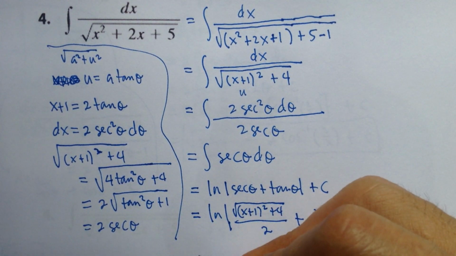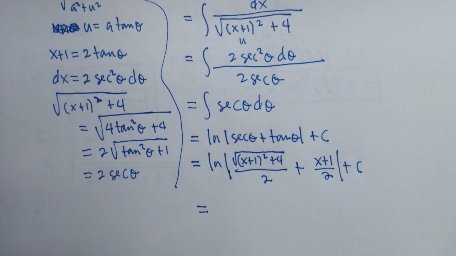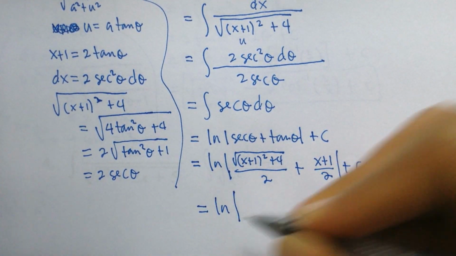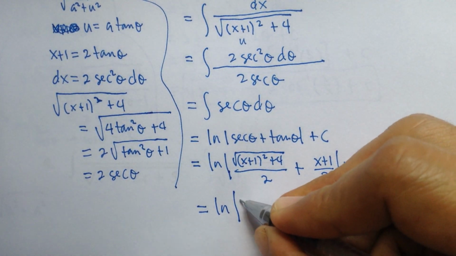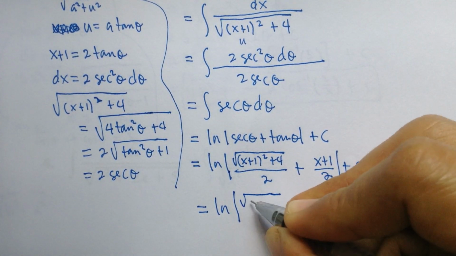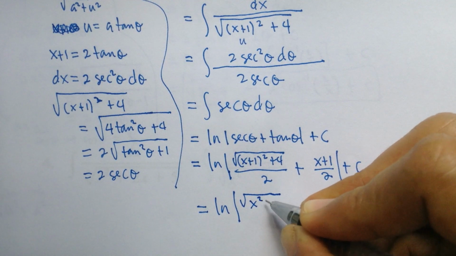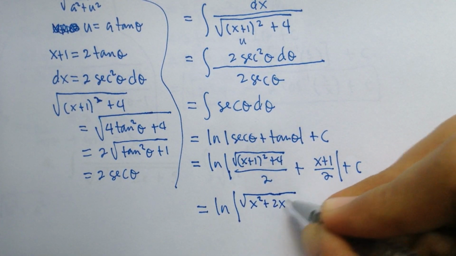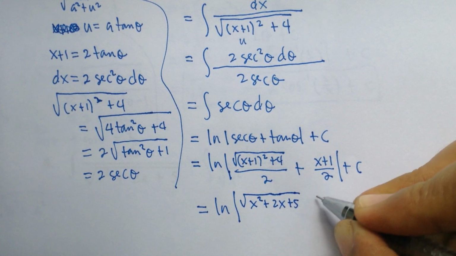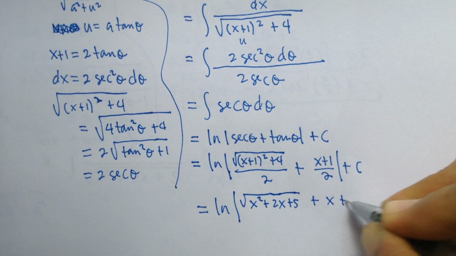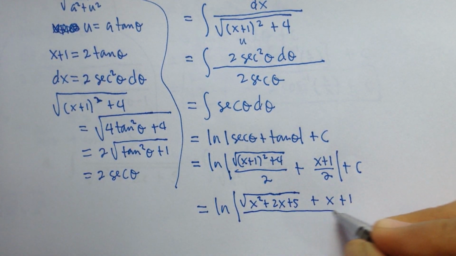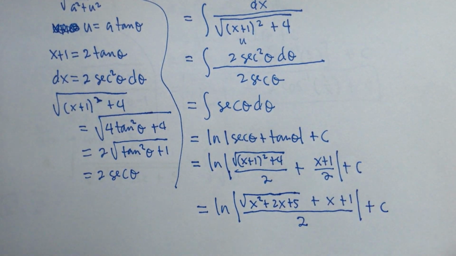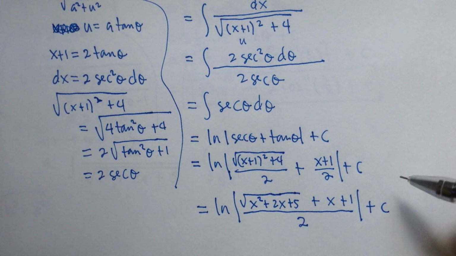Or you can express your final answer as ln of the absolute value of the square root of x squared plus 2x plus 5, then plus x plus 1 over 2, plus c.